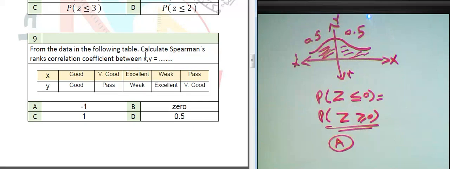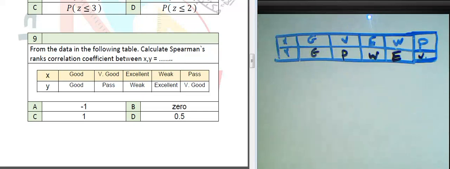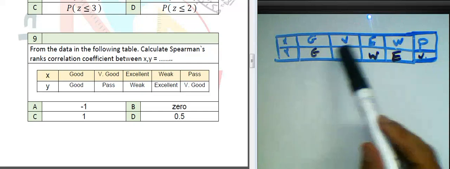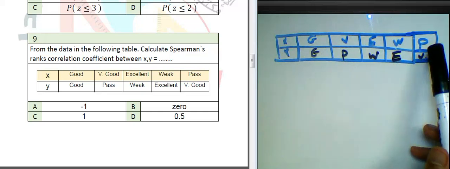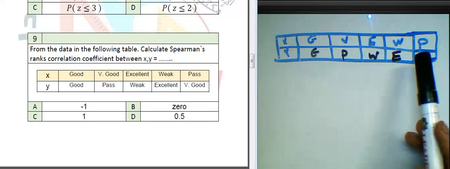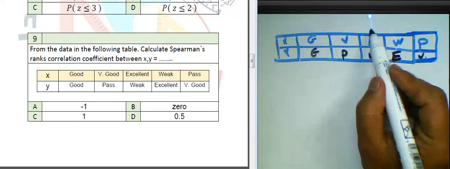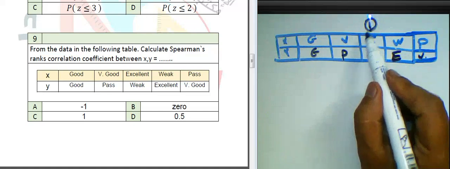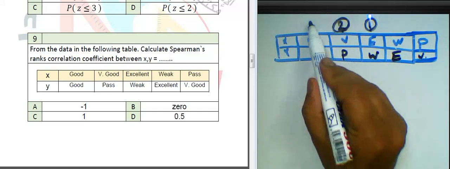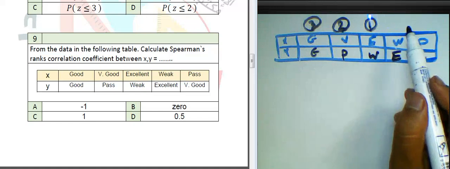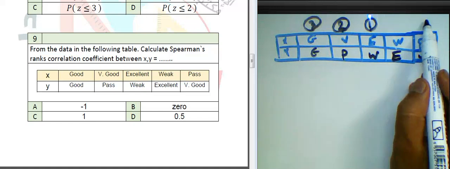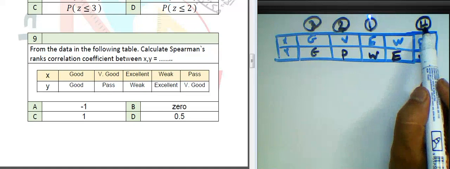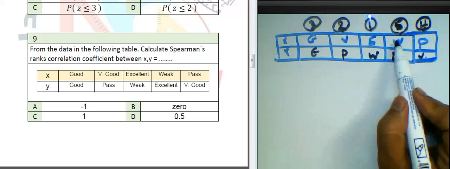From the data in the following table, calculate Spearman's rank correlation coefficient between x and y. First, we must arrange this table in ascending or descending order as you like. We have here good, very good, excellent, weak, pass. We can arrange descending: excellent, very good, good, pass, and weak.